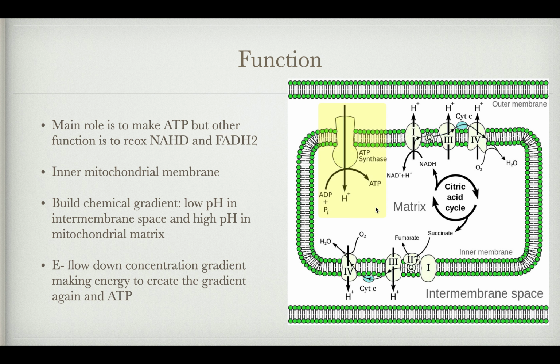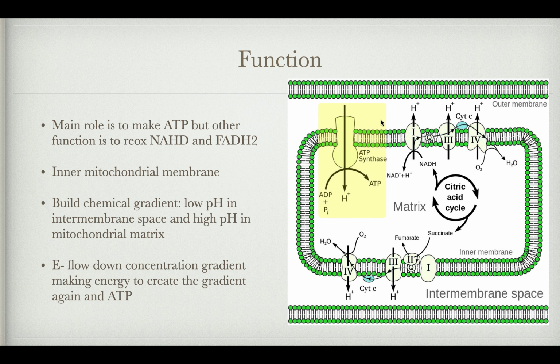So the main function of the electron transport chain is to make ATP, but the other function is to reoxidize NADH and FADH2. And that will build the chemical gradient to have low pH in the intermembrane space, right here, and a high pH in the mitochondrial matrix.